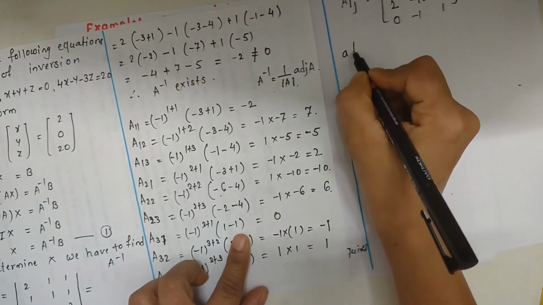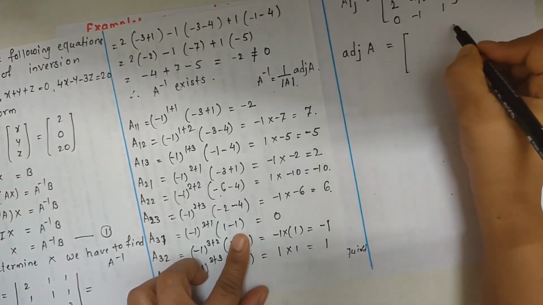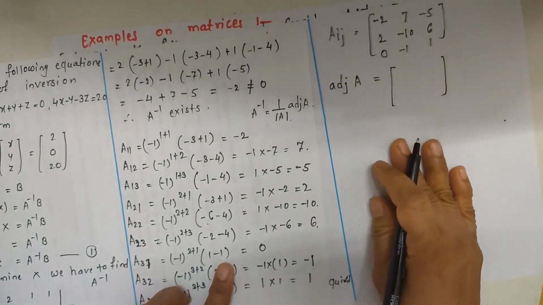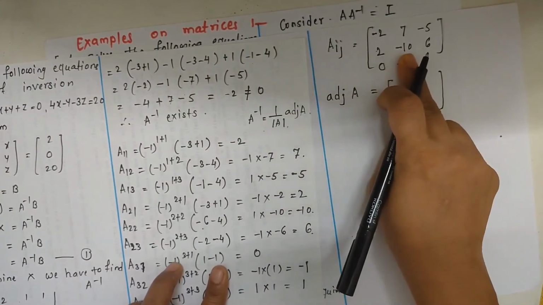Now we have to find the value of the adjoint of A, and the adjoint of A is the transpose of the cofactor matrix.